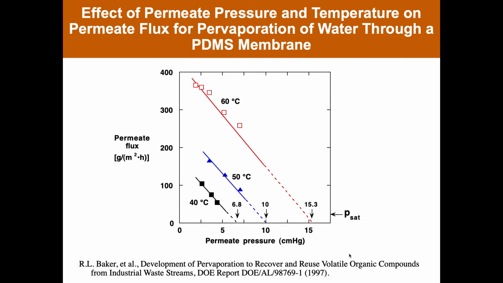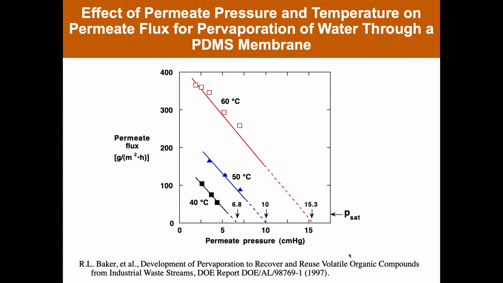And what you can see, what you could imagine, is that as the permeate pressure rises, the driving force for water transport goes down. And so the flux would come down. What's interesting is to note for each of these temperatures where the flux is a linear function of permeate pressure, and where the flux goes to zero.